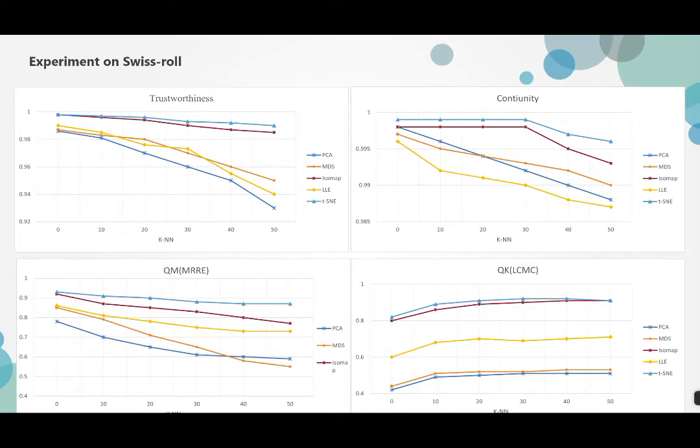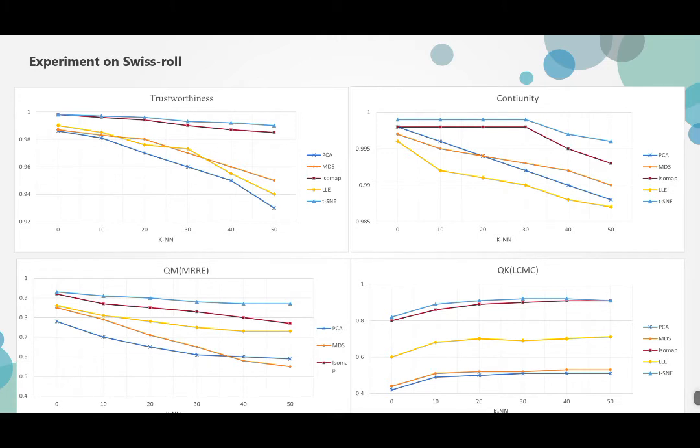And we set the parameter k from 10 to 50, which is the size of the neighborhood we chose for the sample data points. From the figures in the slide for the Swiss roll dataset, we can see that with the increase of k, the values of the metrics T&C and MRRE are decreasing, while the value of LCMC shows a trend of increase. It is not difficult to explain.